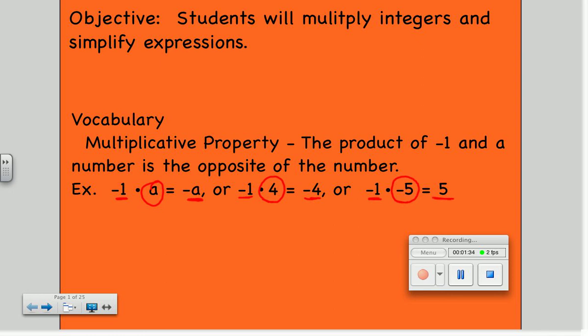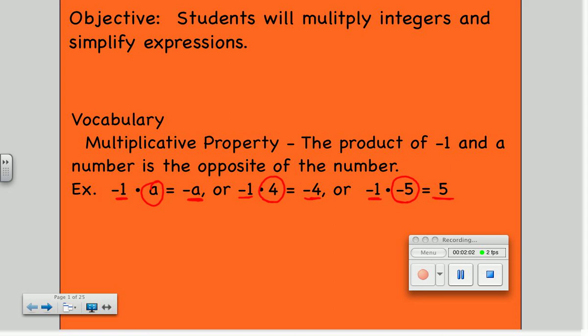So basically what they're saying here is anytime you multiply by -1, you are going to change the other number in the multiplication problem to the opposite of what it is. So A becomes -A, 4 becomes -4, -5 becomes +5. They all change to the opposite of what they are when you multiply by -1.